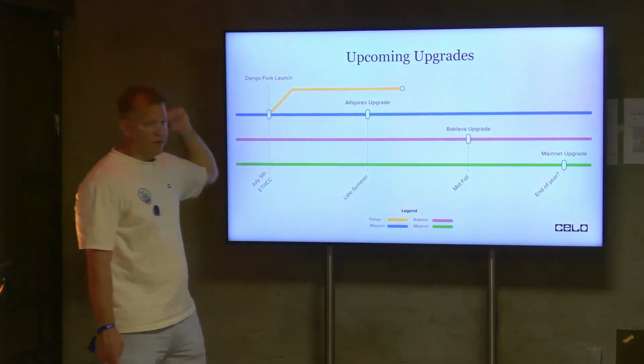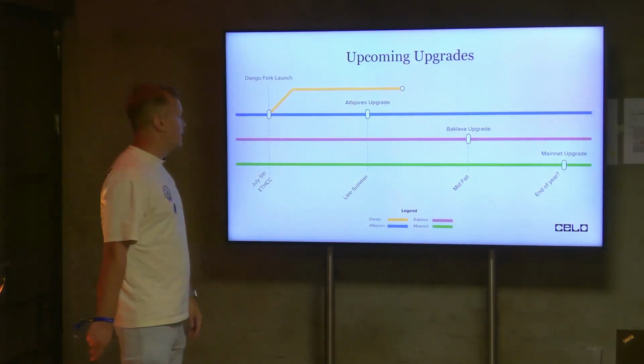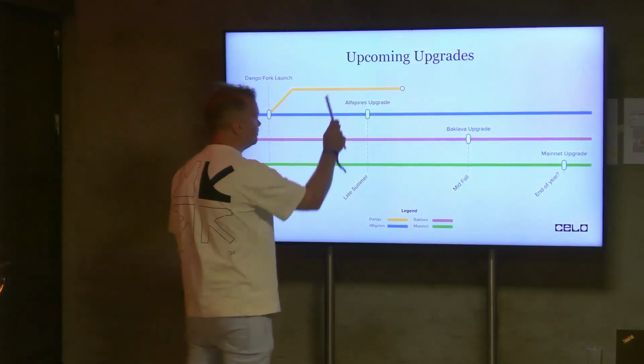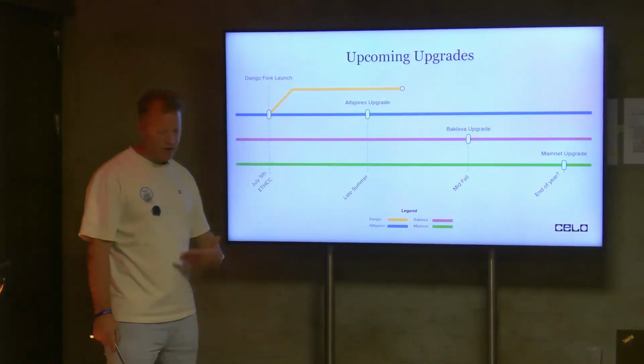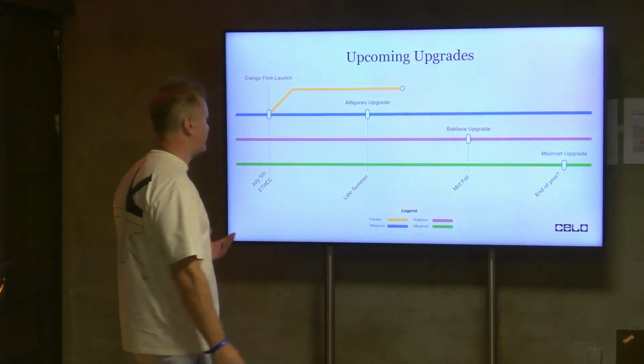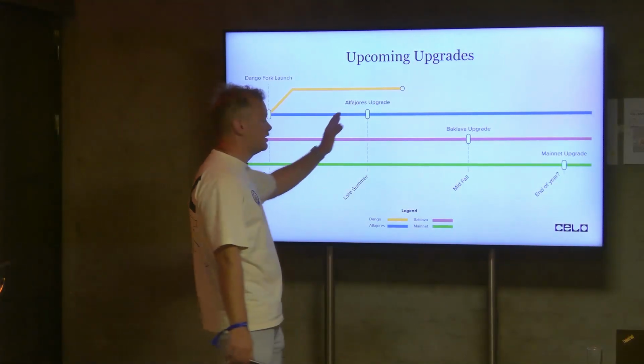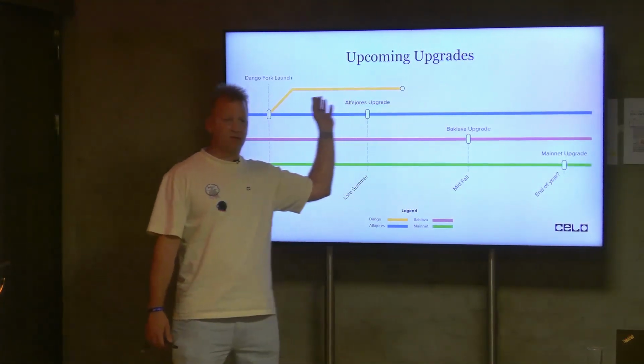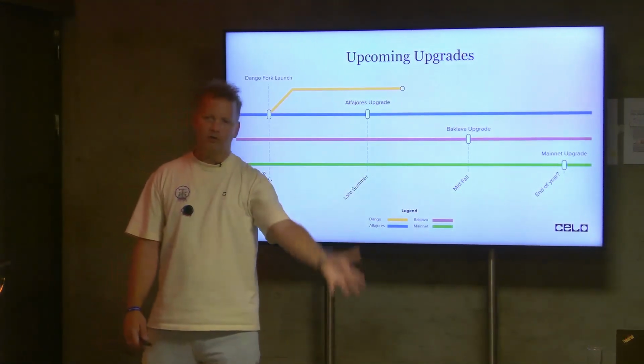That's Dango, and that happened on Friday. Later, we're going to upgrade Alfajores. It means whatever RPC URL you have for Alfajores, like Infura or Forno, is still going to be the same. It's just going to be replaced node to node, and you won't notice a difference.